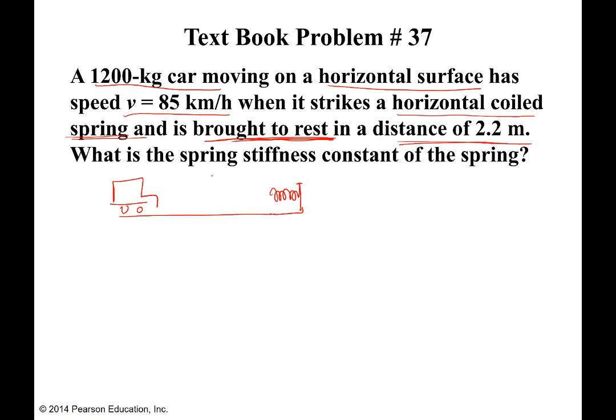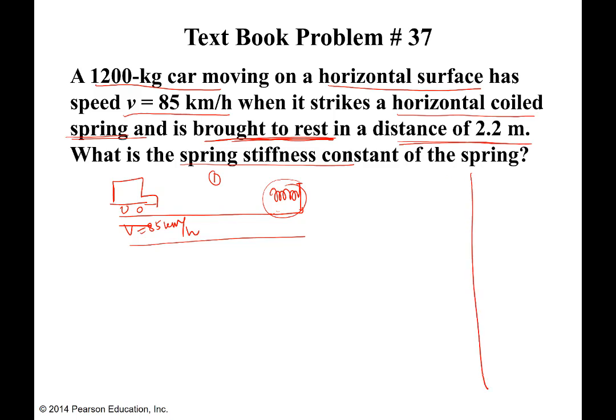So this is scenario number 1, and it was coming with a speed of 85 kilometers per hour. Make sure you're converting the units to meters per second. And this distance is not given, but you are talking about the distance by which it is compressing. And your job is to find k.